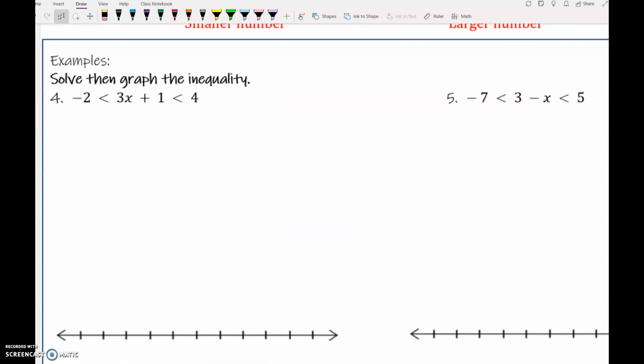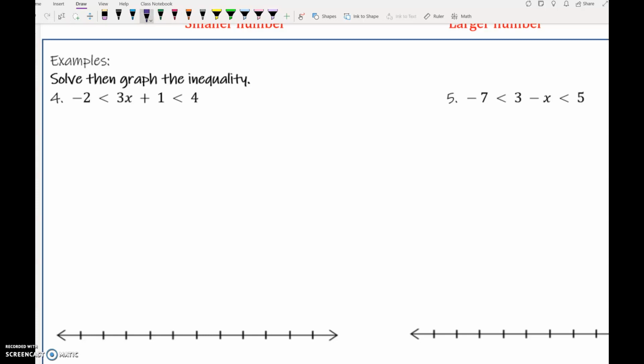When you solve a compound and inequality, you have three pieces of the inequality. There's the left side, the middle, and the right side. Anything that you do in the middle to get x by itself, you have to also do to the left and the right. So this is just like solving equations, but instead of two sides, we now have three sides.